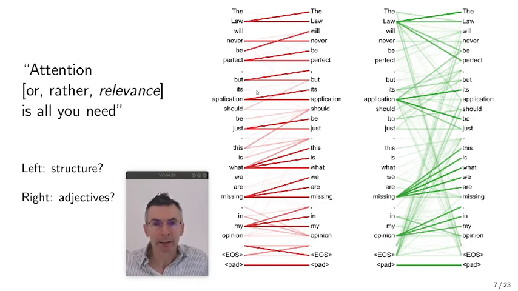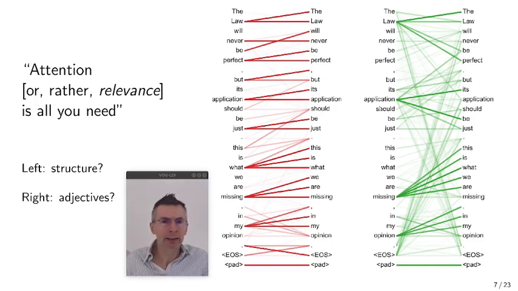And then another noun phrase, its application, and the corresponding verb phrase, should be just. In this picture, of course, the heavy lines have a big weighting, and the paler lines have a lighter weighting. It just looks like this is pulling out the structure of the sentence, the noun phrases, the verb phrases, and the other grammatical components in this way.